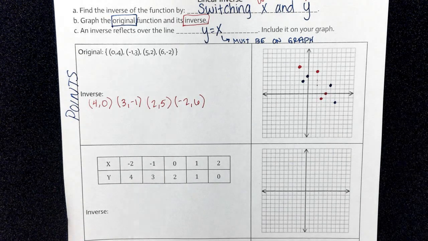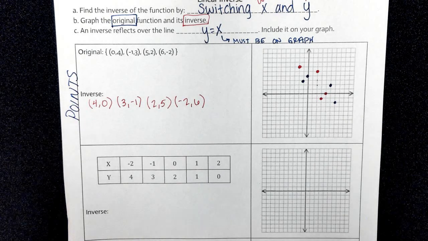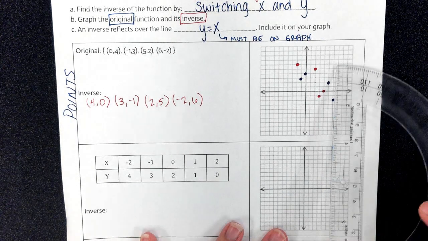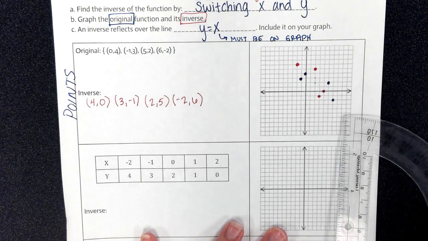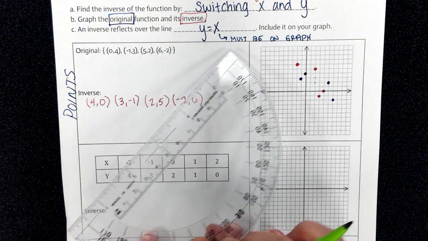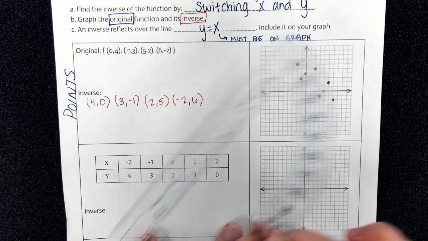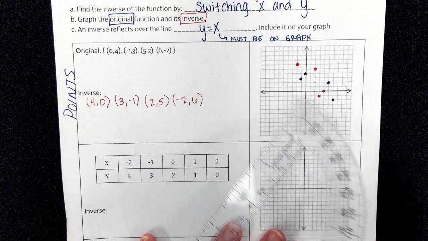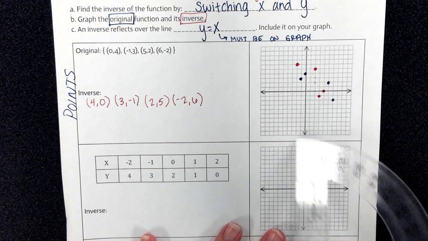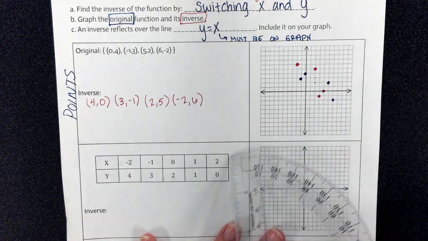All right, here we go. Focus. Ready? We're moving on. So I have my graphs done. Blue is original. Red is the inverse. There's one more thing that must be on my graph, and that's this line, y equals x. This goes through the origin, and it is a positive diagonal line.